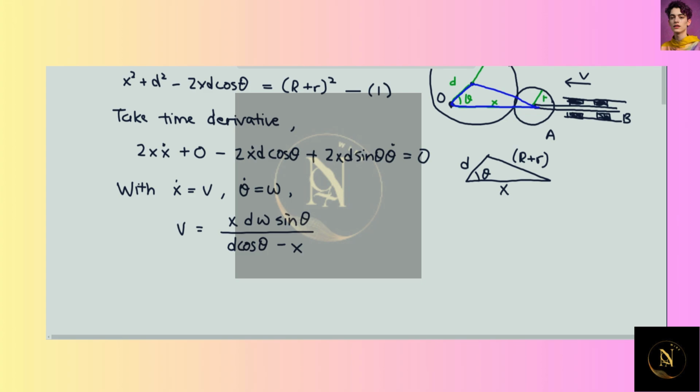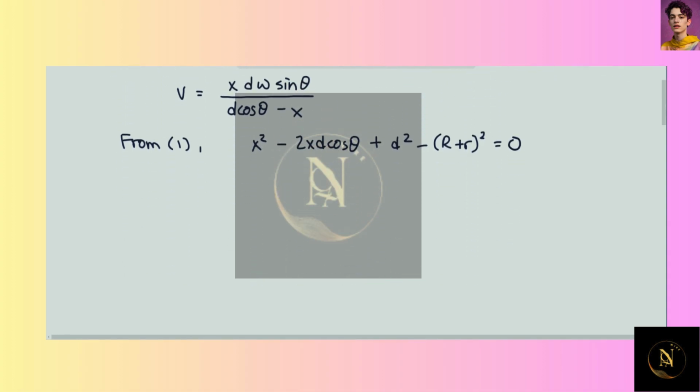I'm going to replace x using the law of cosines equation. From 1, we have x squared minus 2xd cosine theta plus d squared minus (R plus r) squared equals 0. Then we use the quadratic formula.